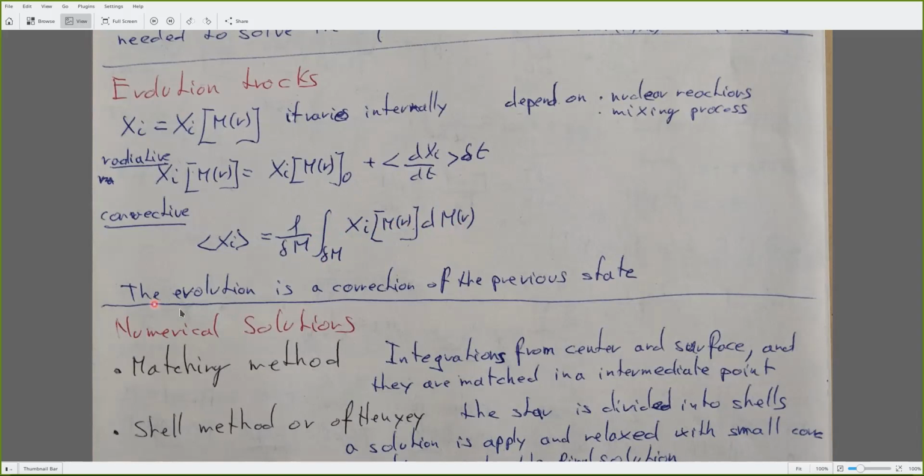So the evolution is just a correction of the previous state. You have this value, you just correct it a little and continue. And this is shown essentially when you look at evolutionary tracks for stars. There is this movement of the stars along the Russell diagram.